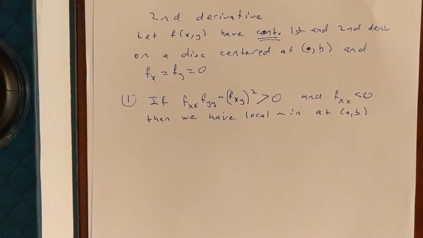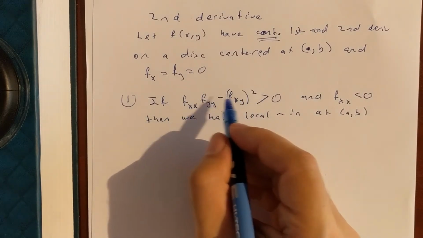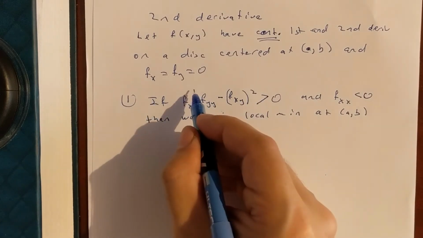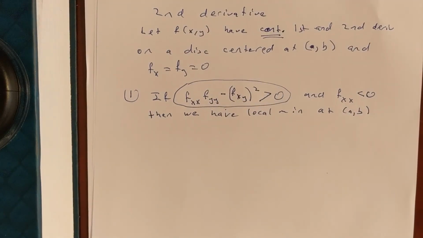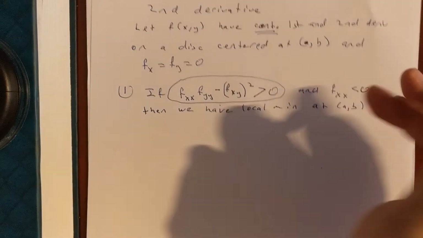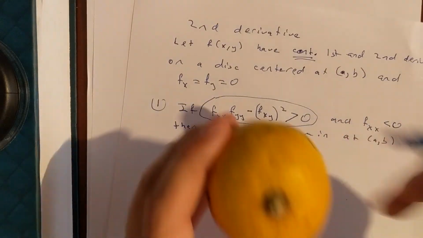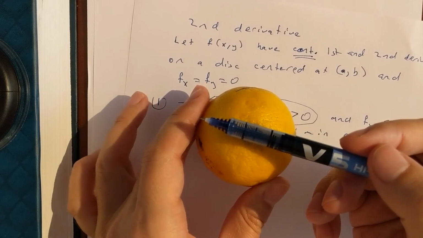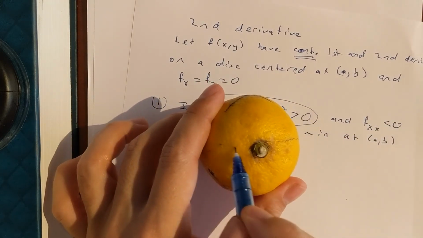Okay, so what's going on here? We have this funky term. This is called the discriminant, or the Hessian. I'm going to talk about this funky term in a second. We didn't talk about where the first derivative came from. I said it was kind of obvious because, remember from the pictures, it was just down to partial derivatives. You just looked in the x direction, and it gave you a single variable curve.